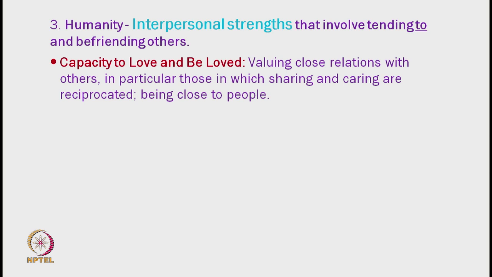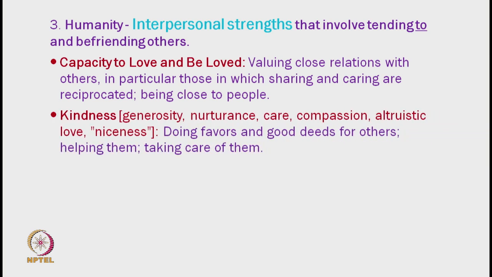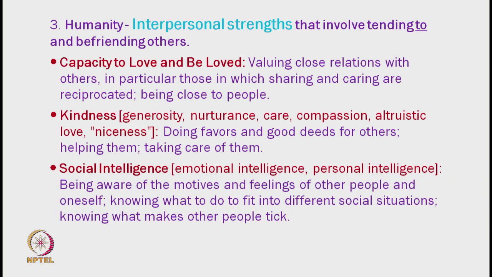So, when you are loving others as well as other people are loving you, that is another character strength of our personality. Next is kindness. Kindness means generosity, nurturance, care, compassion, altruistic love, niceness. These are the components or subcomponents of kindness. So, doing favors and good deeds for others, helping them, taking care of them, these are the characteristics of kindness.